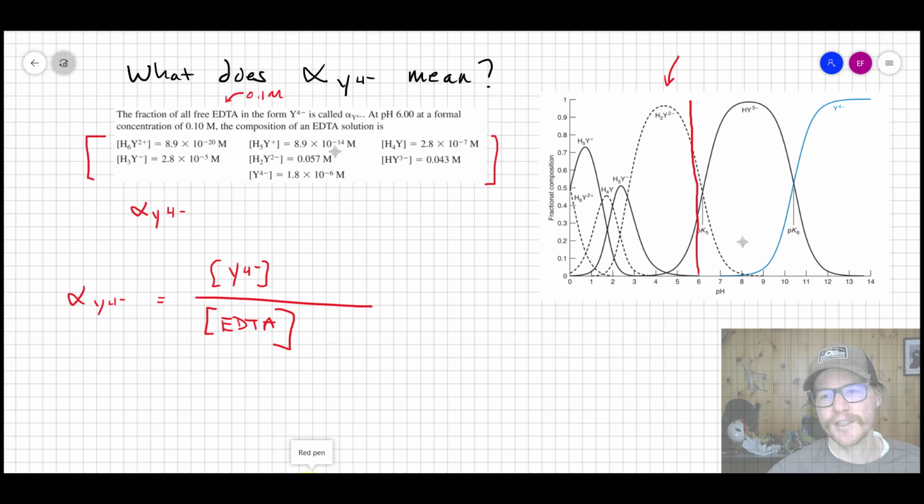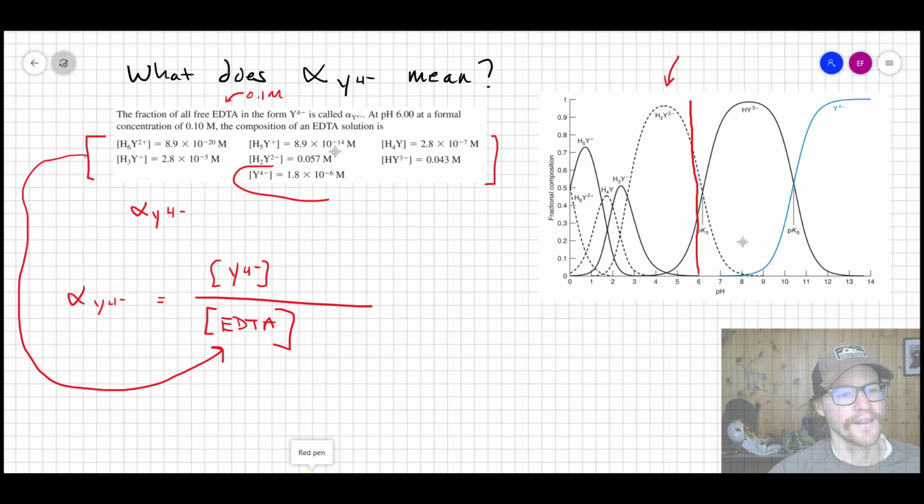And we can sort of anticipate, right? We're given these numbers, so really all that would be to take all of these values, sum them up, and then put them in for that value, and then take the Y4- and put it in for that value. That would give you literally what fraction of Y4- is unbound at that concentration of 0.1 molar EDTA and at pH 6. And we can look at this curve.